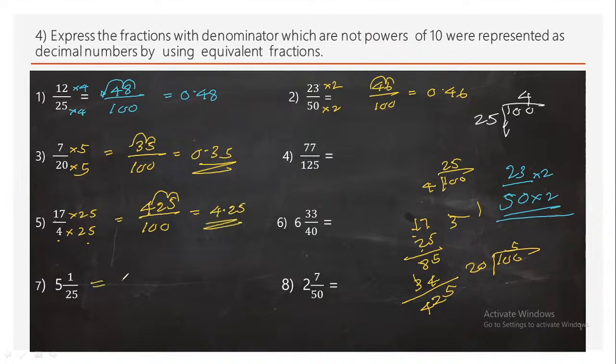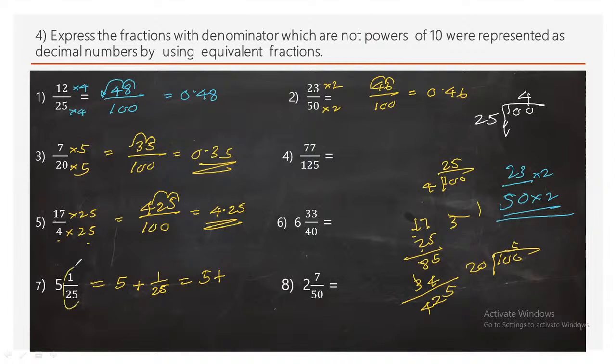Then here we can write 5 plus 1 over 25. First we can do only this part, because 5 is the whole number part. You have to convert only this fractional part to the denominator of 100. And there are two methods. If you want, you can convert this to an improper fraction and do it that way, but this is easier for you.